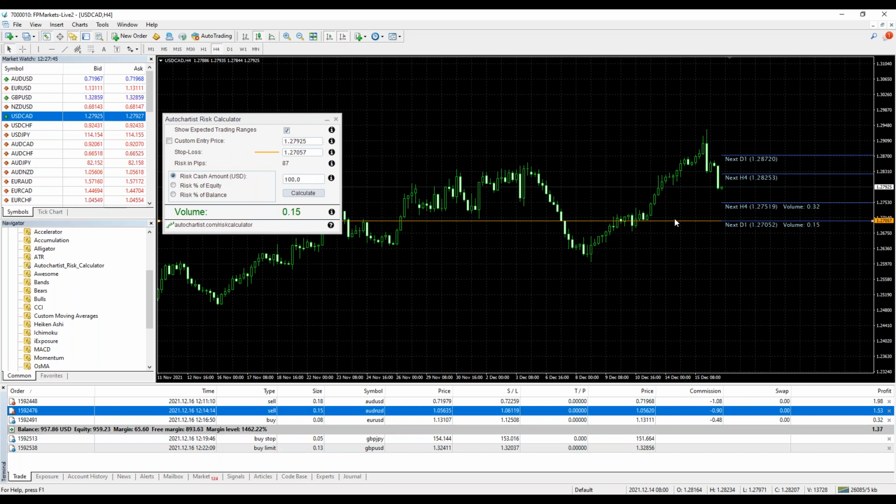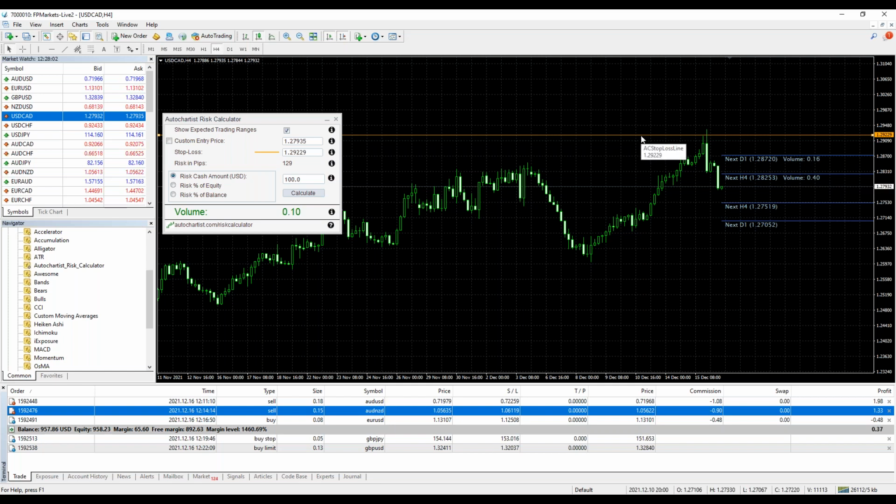So these expected trading ranges really give you a shortcut view of what your volume should be without having to move your stop loss level around. Of course, once you're moving above it, then the volume goes onto the other side of the chart, because you're assuming you're going short at the current spot price.